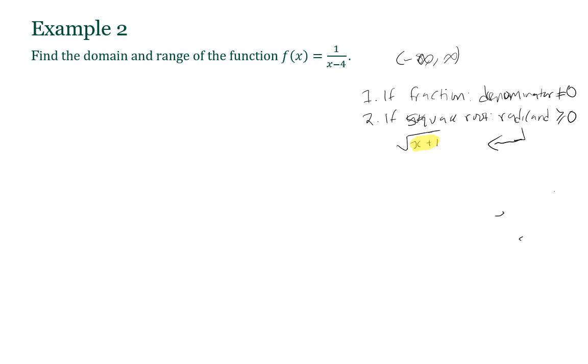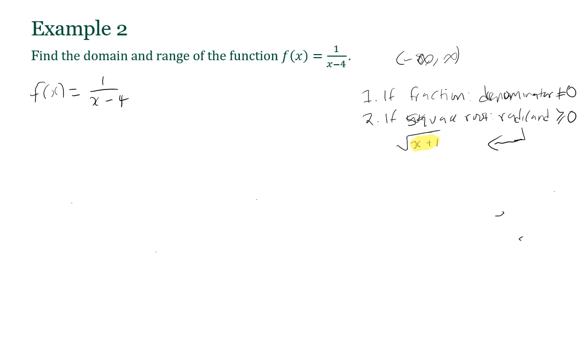We want to find the domain and the range of the function f of x is equal to 1 over x minus 4. So as usual, let's write it first. f of x is equal to 1 over x minus 4. But for this case, we want this x minus 4 not to be 0.